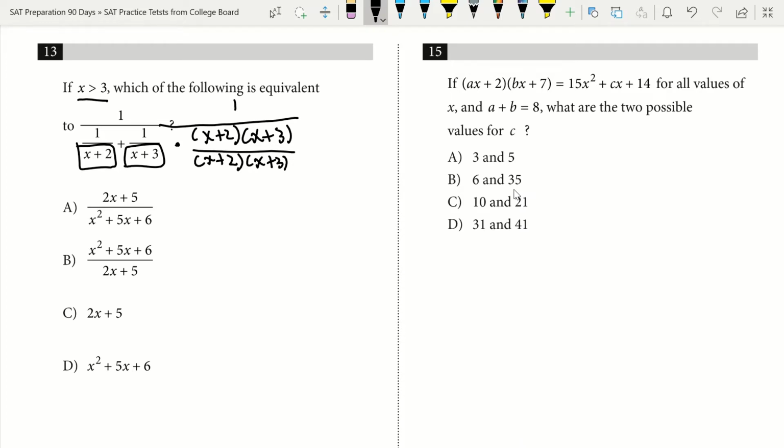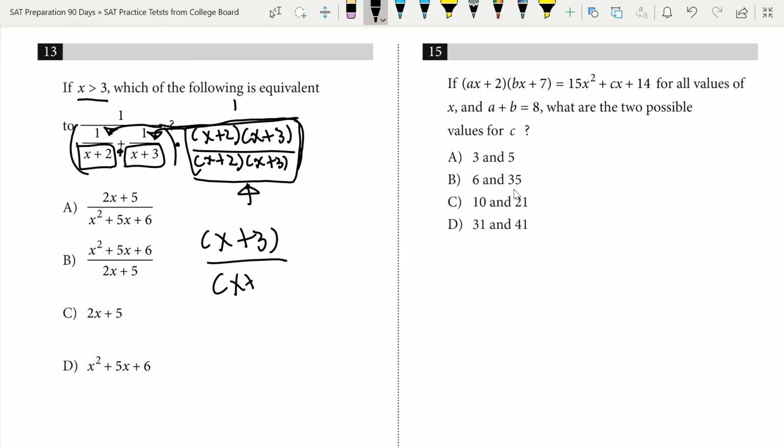So when we do this, we have to keep in mind that we have to distribute this whole thing right here, right? This whole box I'm putting around right now. We have to distribute that here and then also here since we have an addition sign here. So when we do that, our x plus 2 is going to cancel with our bottom x plus 2, and we're going to have an x plus 3 up top and an x plus 2 times x plus 3 on the bottom.